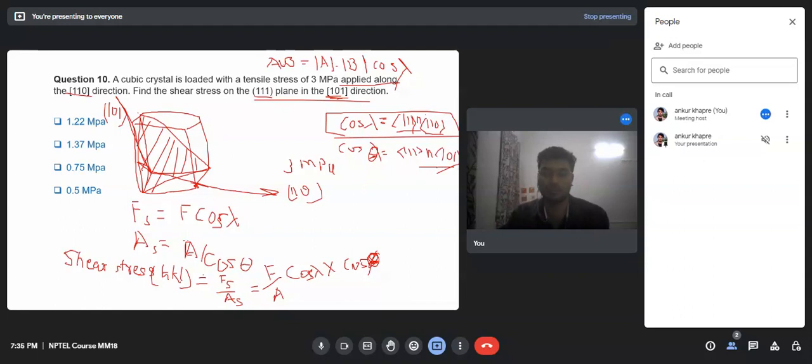We put these values in this formula and we'll get the shear stress value. So the answer is option number 1, 1.22 megapascal.